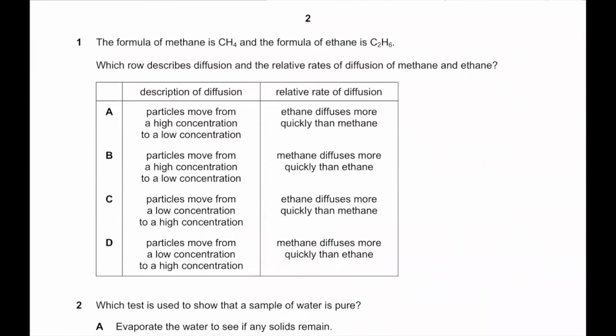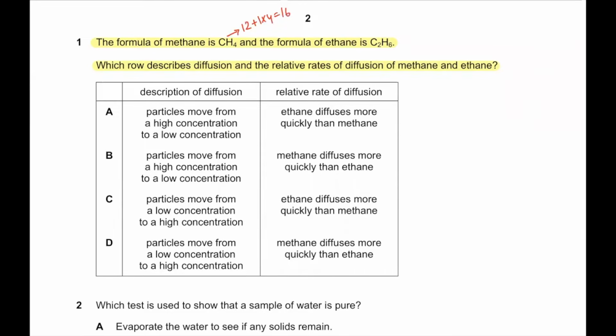Question number 1. The formula of methane is CH4 and the formula of ethane is C2H6. Which row describes diffusion and the relative rates of diffusion of methane and ethane? When discussing diffusion for methane and ethane, we need to know the relative molecular mass of methane. For methane, it will be 12 plus 1 into 4, 16.